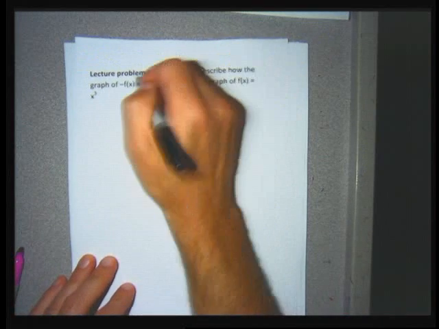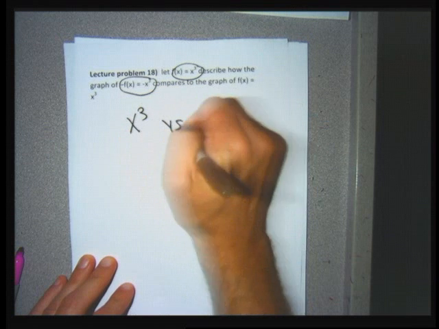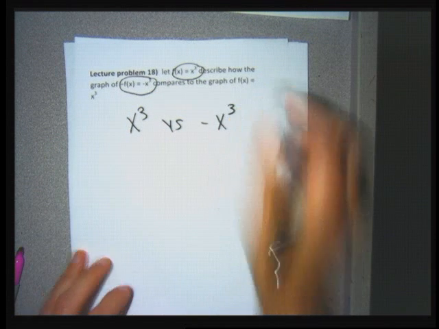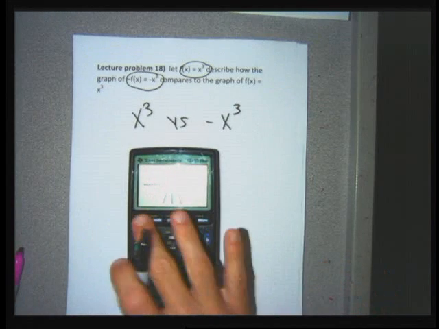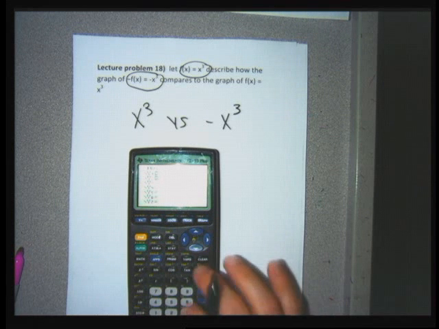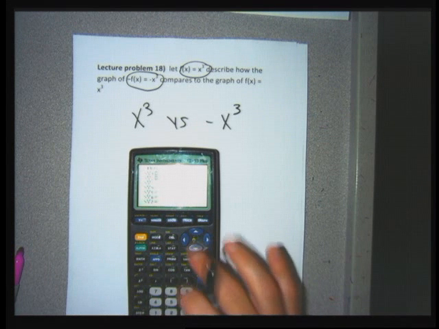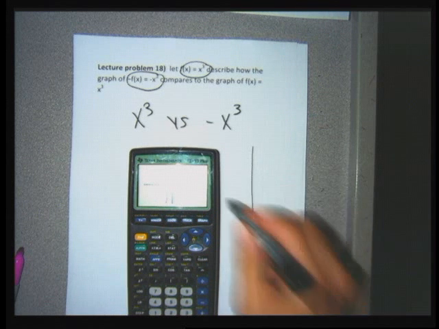Problem 18 wants me to compare the graph of x cubed to the graph of negative x cubed. It's going to be a lot harder to see this because x cubed is not such a nice function to look for transformations on. So the graph of x cubed looks something like this.